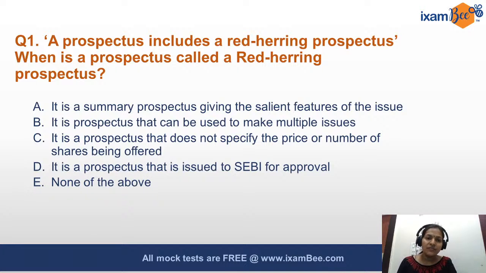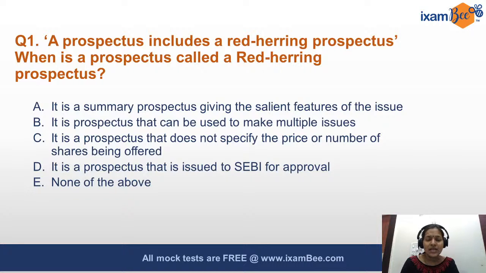So starting with the first question: a prospectus includes a red herring prospectus. This is given as per the definition. This is a part of the definition of prospectus given in the Companies Act, that it also includes a red herring prospectus. So which of the following actually defines a red herring prospectus?